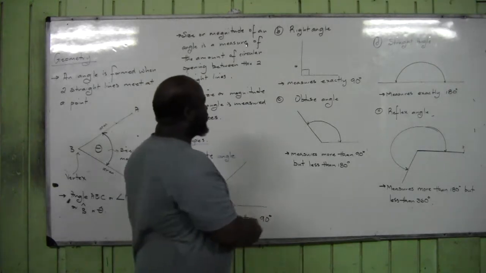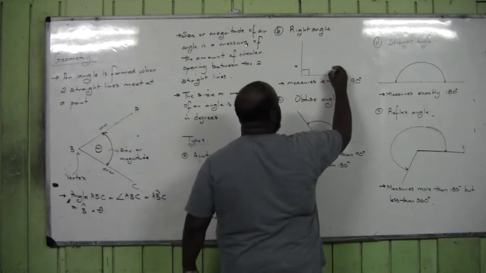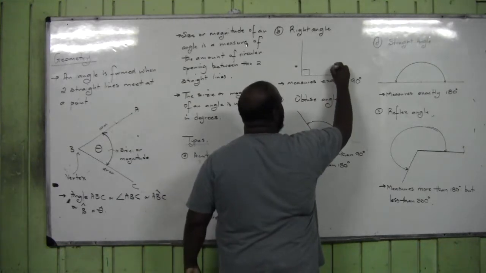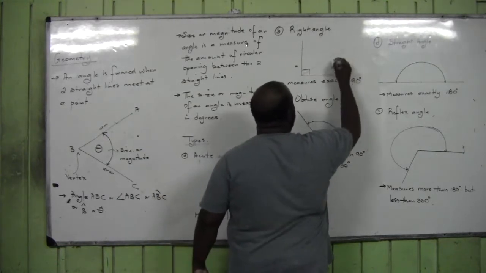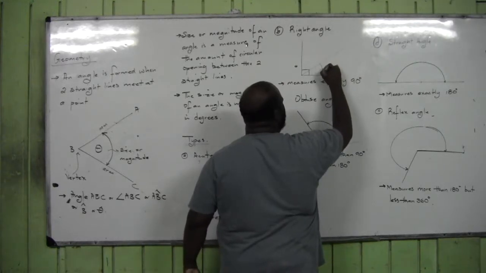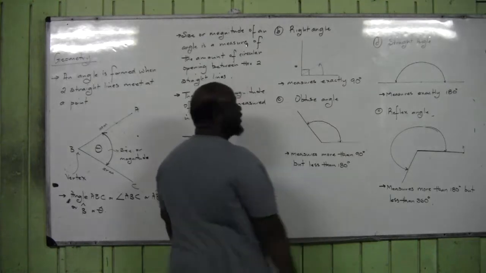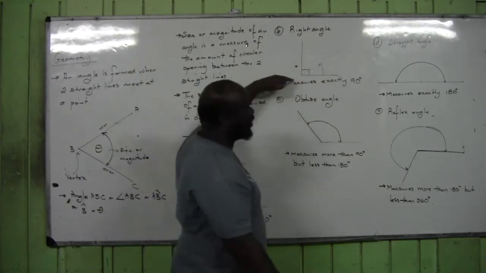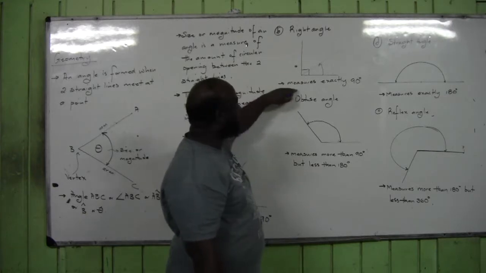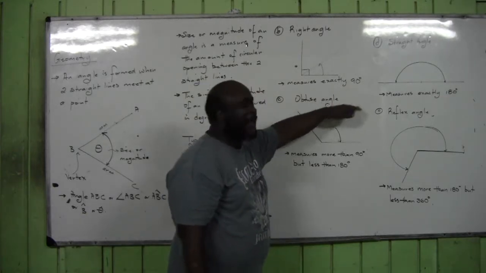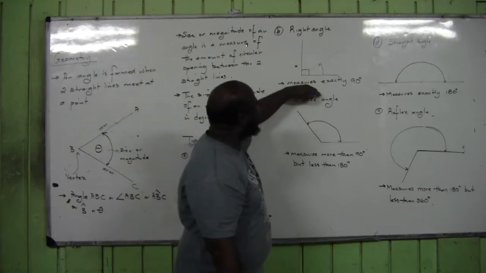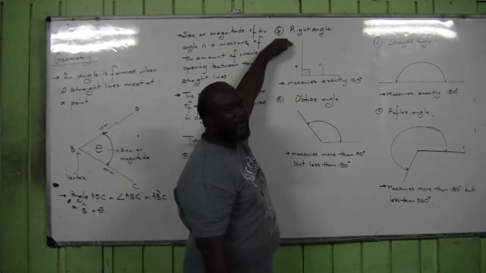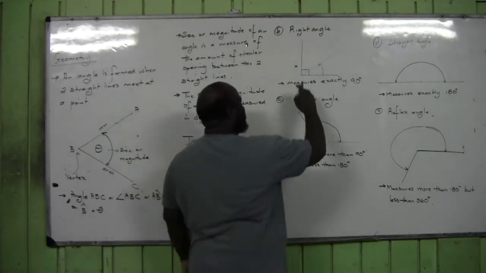Let's say the angle is opening. If it's somewhere around here, this is less than 90, so this would be acute. When it opens fully until the two lines form an L, we say that it measures exactly 90. An angle that measures exactly 90 degrees is called a right angle.